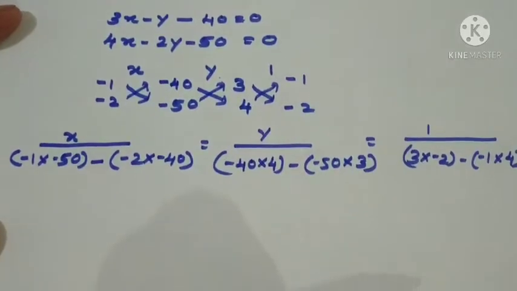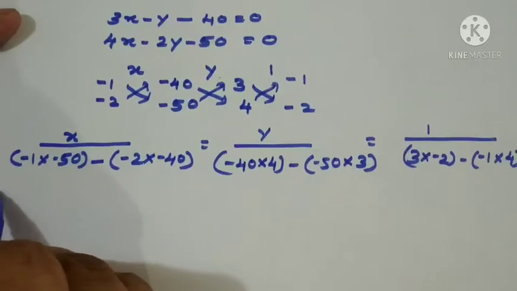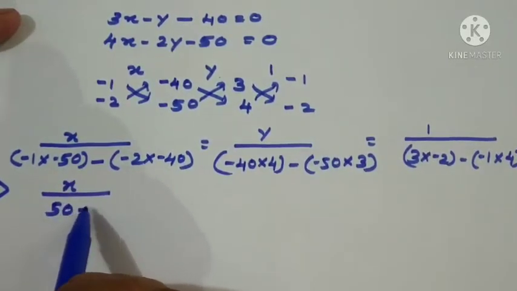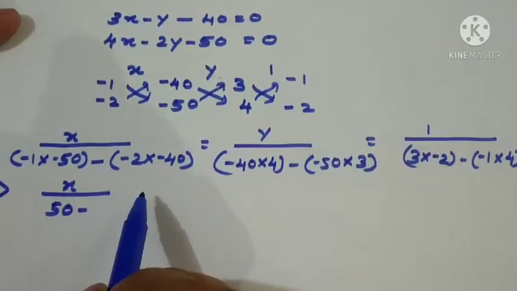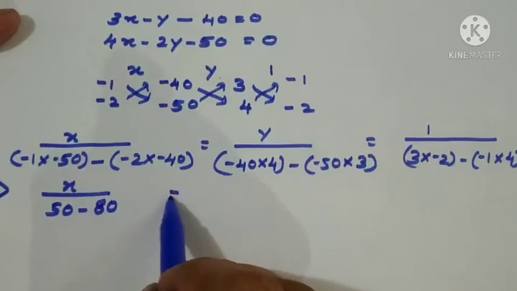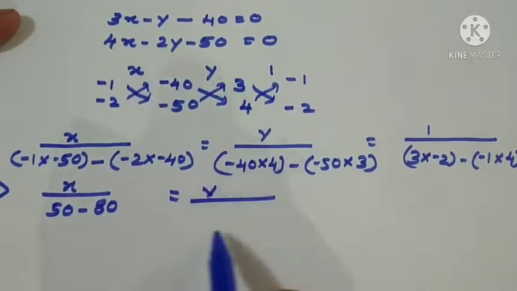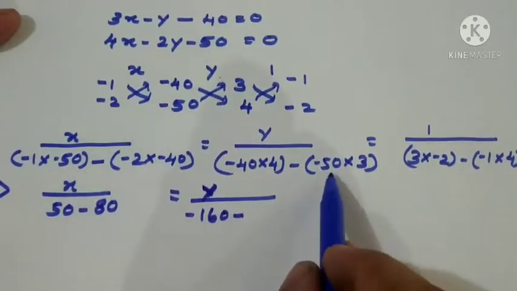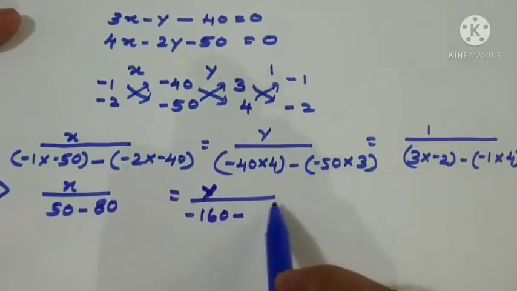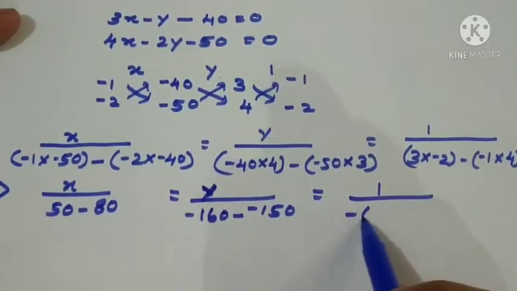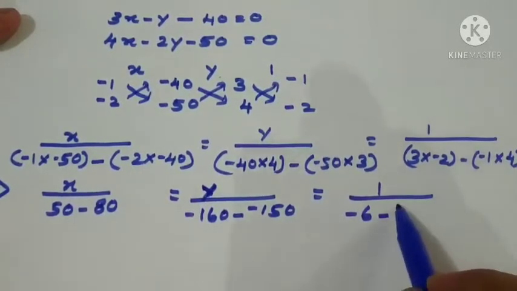So we have written all the values with respect to their coefficients. Cross multiplication we have applied. Implies x divided by 50 minus 40 into 2 is 80, and minus into minus is plus only. So 50 minus 80. y divided by minus 40 into 4 is minus 160, and minus 50 into 3 is minus 150, equal to 1 divided by minus 6 minus of minus 4.